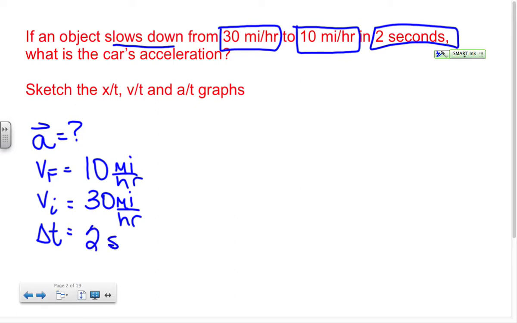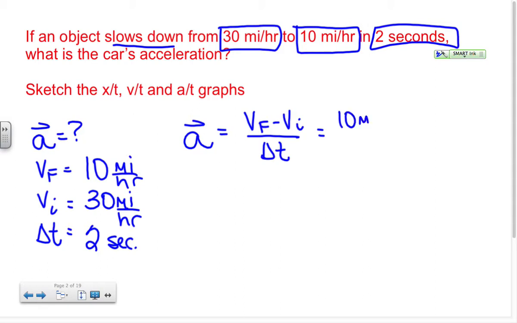Now, let the units help you figure out what your givens are. We want to know what the acceleration is. So once again, you've got to show your work over to the side. Then you subtract VF minus VI over delta T. I write my formula. Next, I take my VF, in this case it's 10 mile per hour, minus my VI, which is 30 mile per hour. And I divide all of that by 2 seconds.